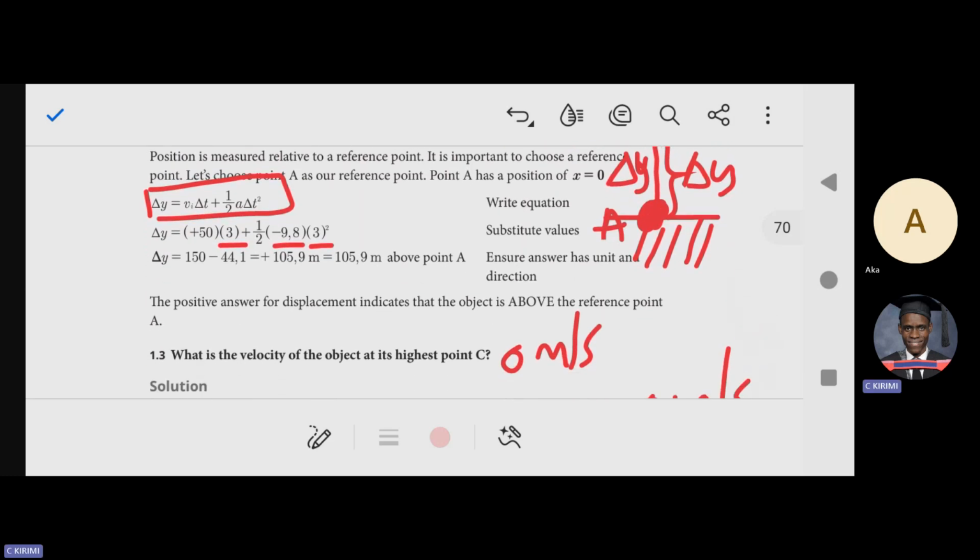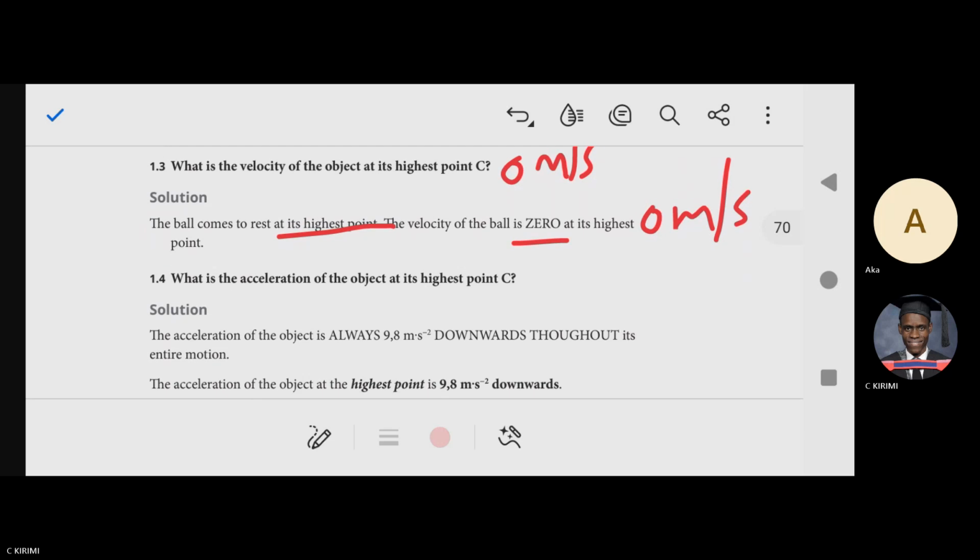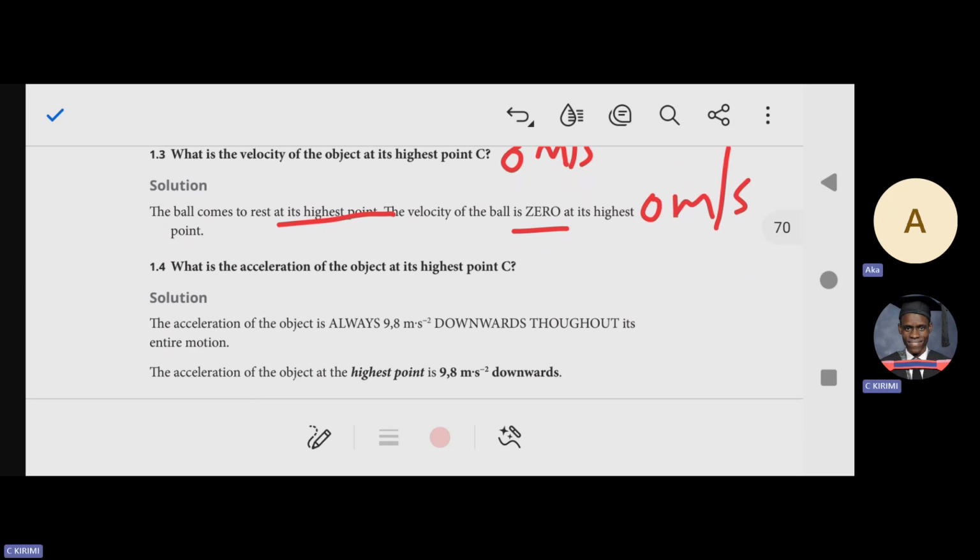Then what about the acceleration of the object at point C? It's not 9.8. Why? Because gravity doesn't change. It doesn't change.